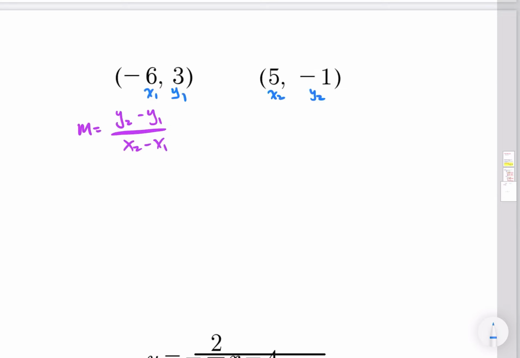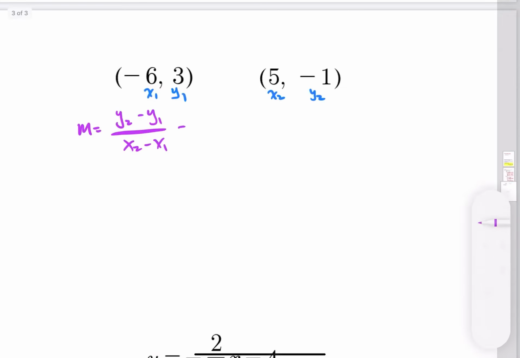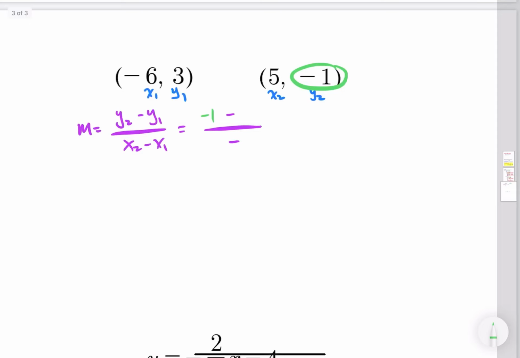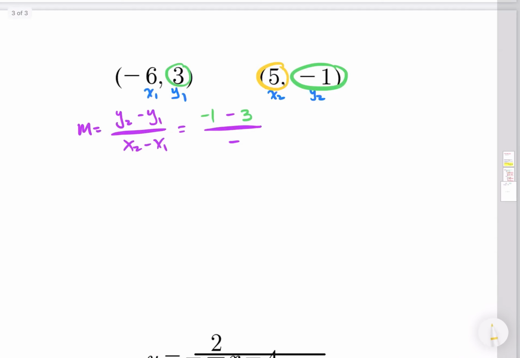So all we got to do is to substitute everything in, and then we have our slope. So if I go ahead and substitute everything in, I'm just going to put in the essentials here. We have our y2 minus y1. Well, y2 is negative 1, y1 is 3. And then we have our x2 minus x1. So I'm just going to substitute those in. So x2 is 5 minus x1, which is negative 6.